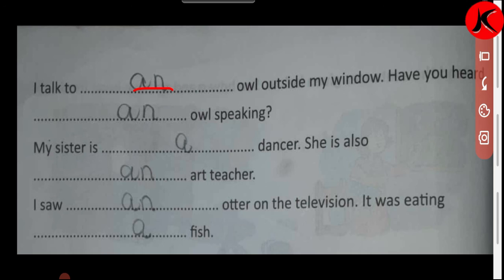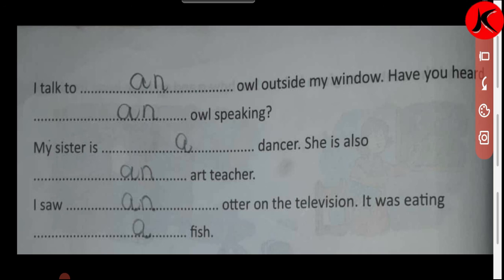So A and N because O is a vowel, here too O is a vowel. So two times A and N came. My sister is a dancer, because D is a consonant, not a vowel. She is also an art teacher. Here A is written, so it is a vowel, so A and N will come.